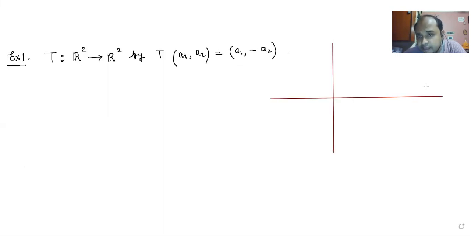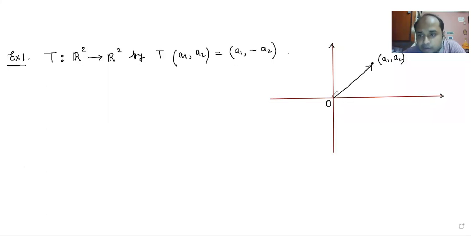Consider this as my y-axis, or you can say the a2 axis, and this is my x-axis, positive. I'm taking the positive quadrant, and suppose this point is (a1, a2), and this is the vector starting from the origin.